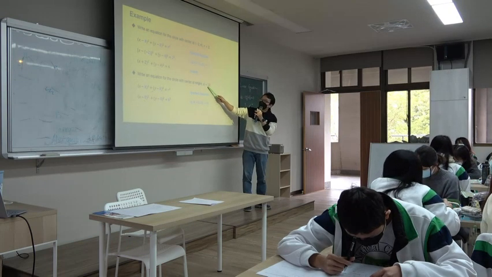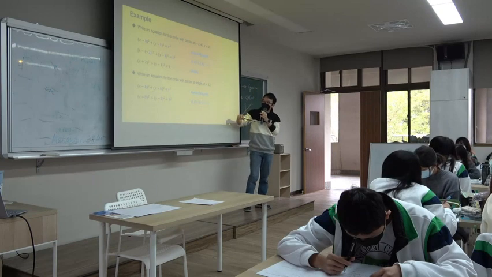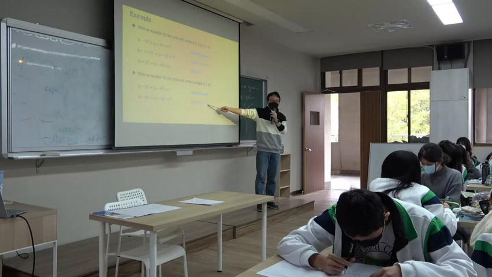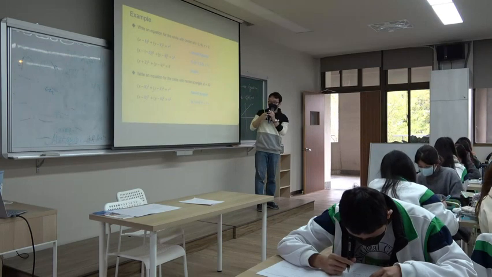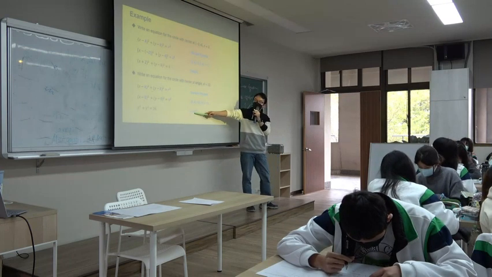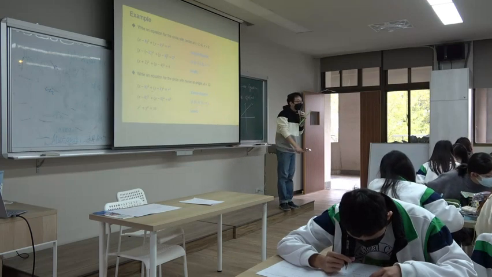So the diameter is equal to 12, and the radius is half of 12. Okay, so the radius is 6, and then finish your standard equation, right?